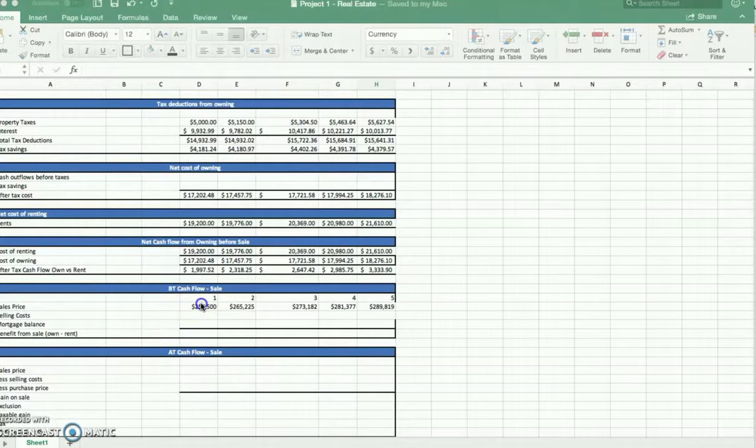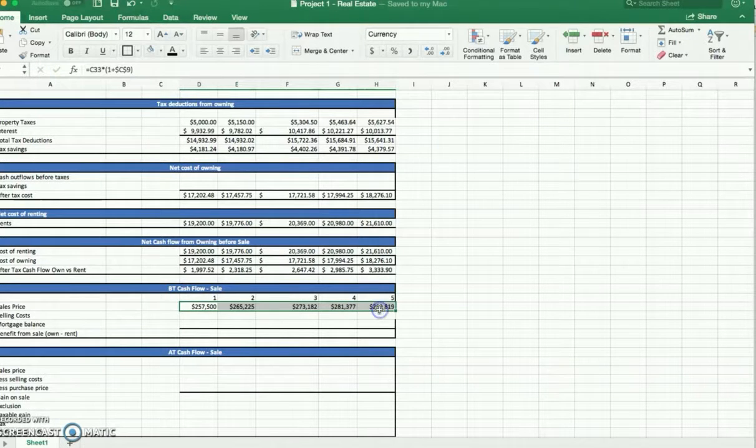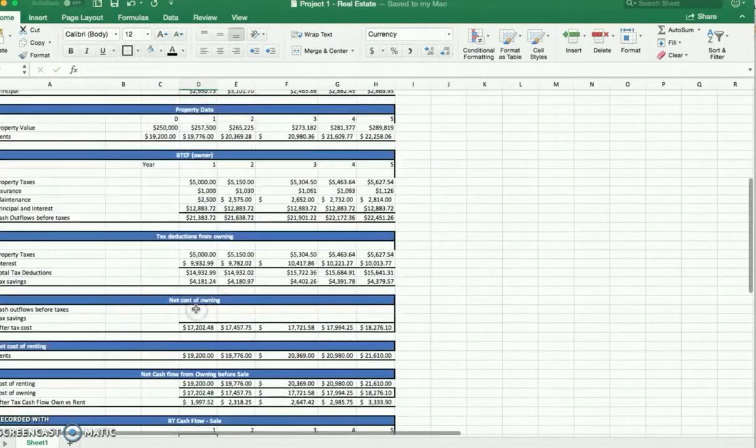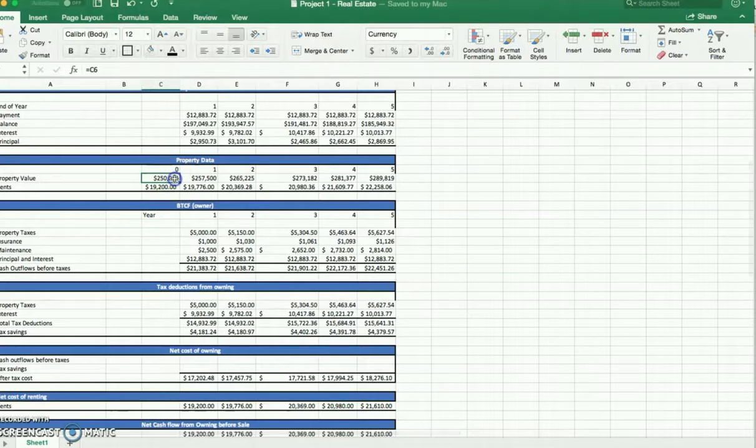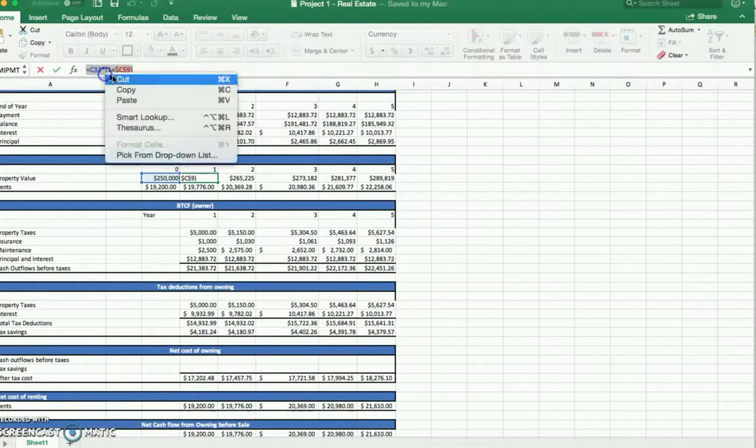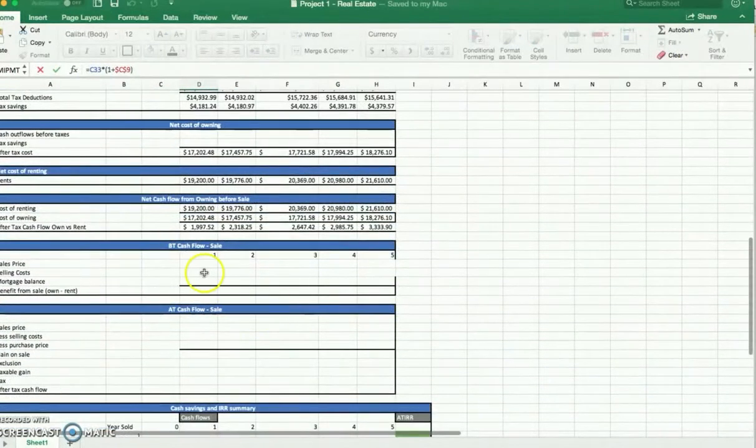Alright, so to get this number, you're going to take just this property value right here. I'm just going to copy this formula down here.